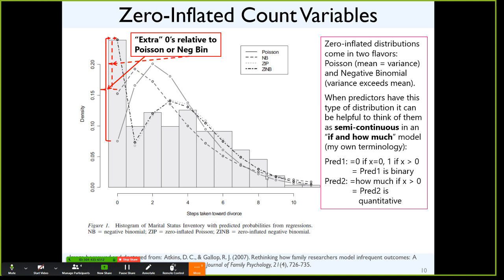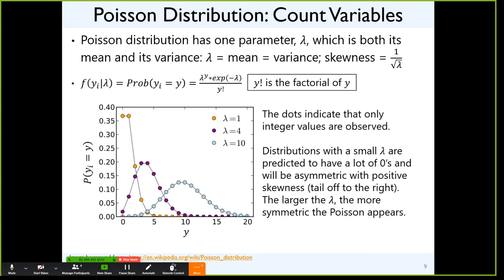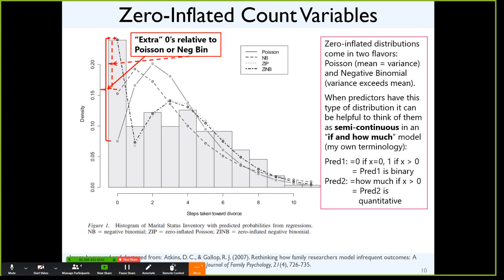And each of these lines is the fit to some sort of distribution. And the point that they're making here is that the number of people who said 0 is far more than would be expected in either this Poisson distribution or its stretchier cousin, which is called negative binomial. But there are distributions that have extra zeros in them for this type of data.